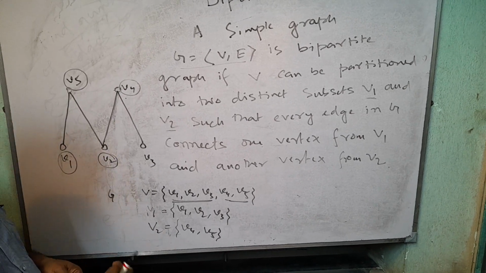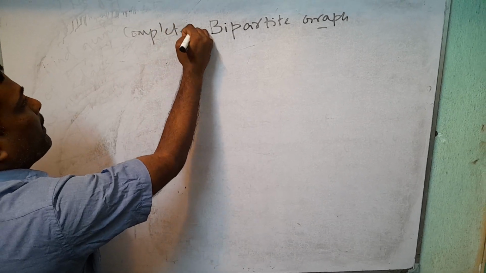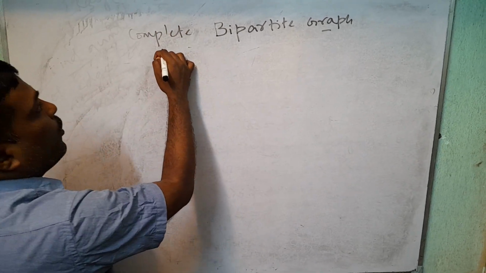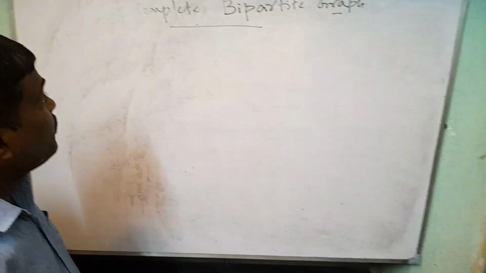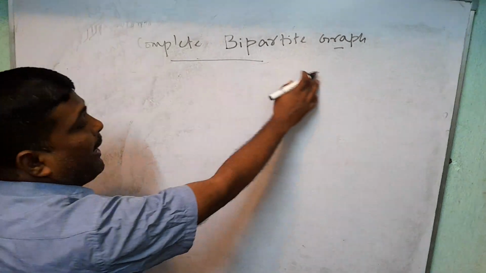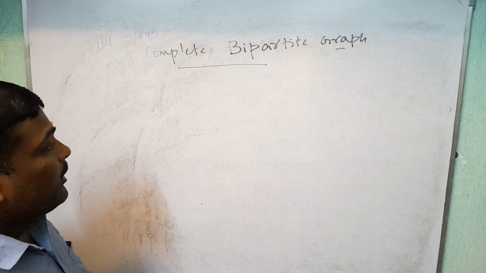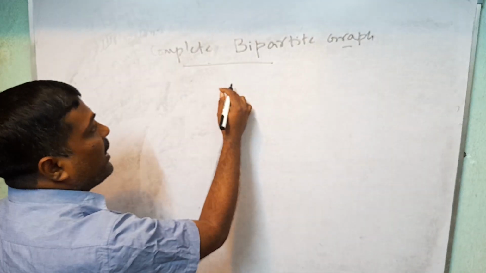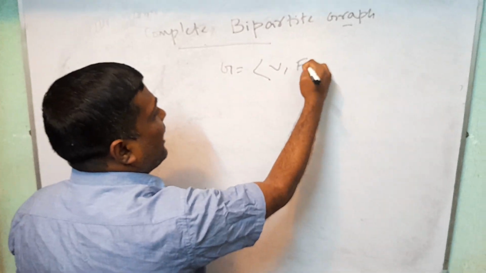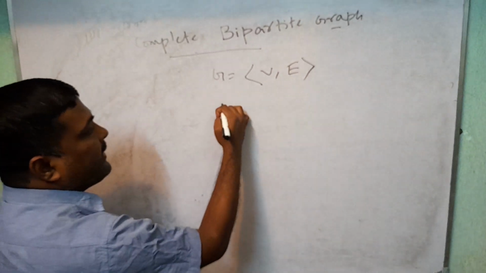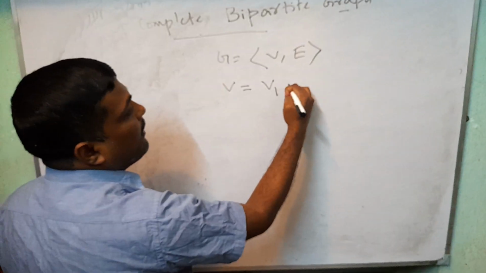Okay? Next, complete bipartite graph. This is a bipartite graph G equals (V, E), and the vertex set V is partitioned into two vertex subsets V1 and V2.